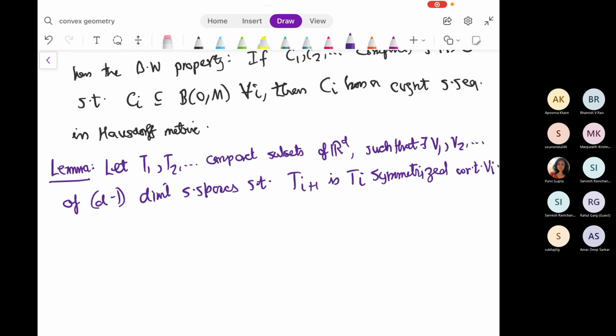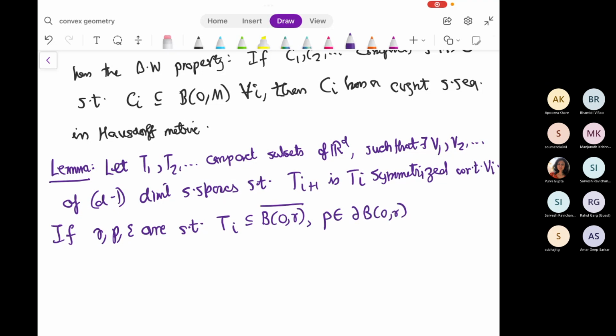So now we will introduce three quantities. If R, T, and epsilon are such that Ti for a particular i is contained in the closed ball of radius R, and you have a point P around which the lacunae will be created, which is on the boundary of the ball of radius R, such that this intersection is empty.